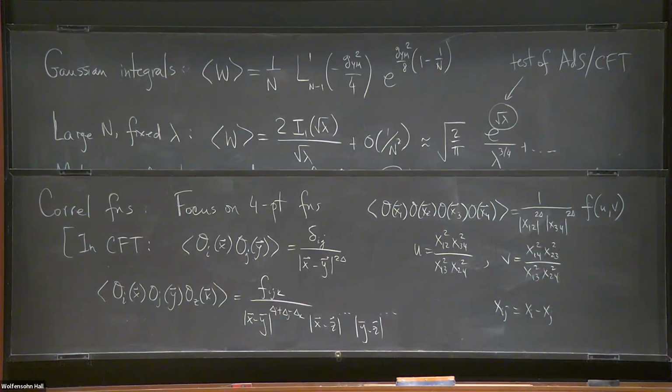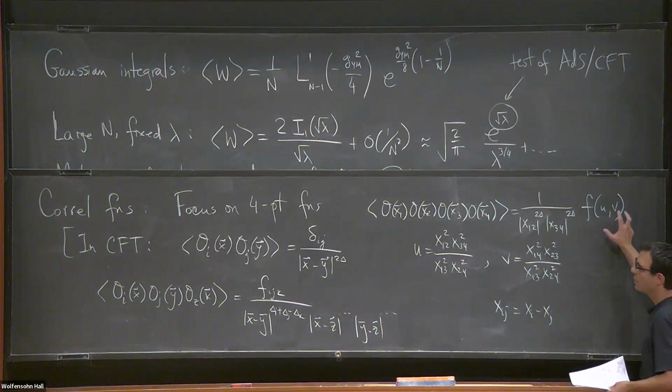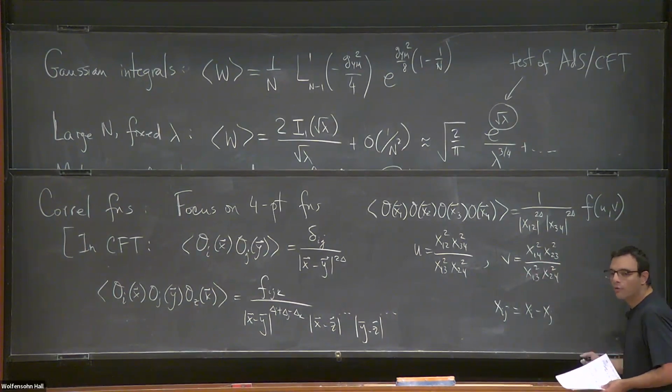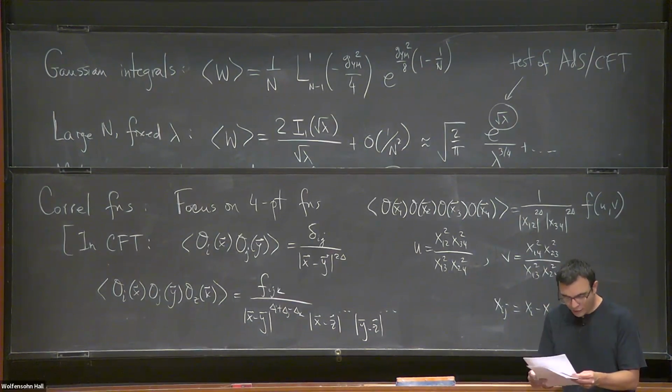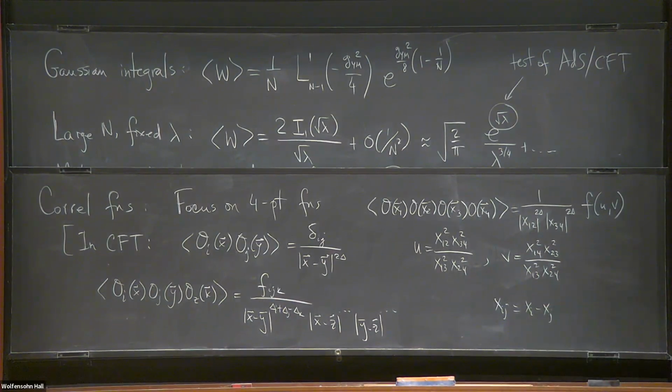The function can be any function of u and v that conformal symmetry allows. So that's why the 4-point functions are much more non-trivial than the 2 and 3-point functions, and for that reason we'll just focus on 4-point functions.